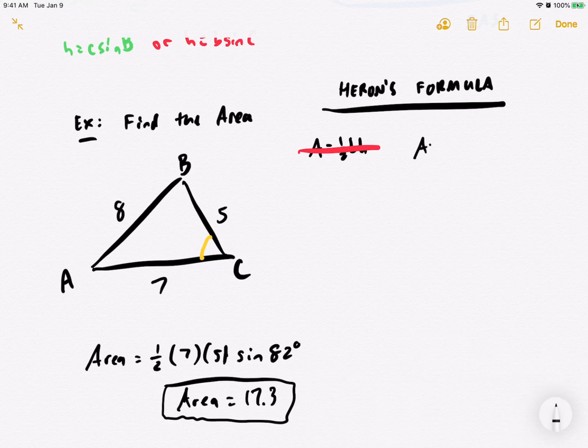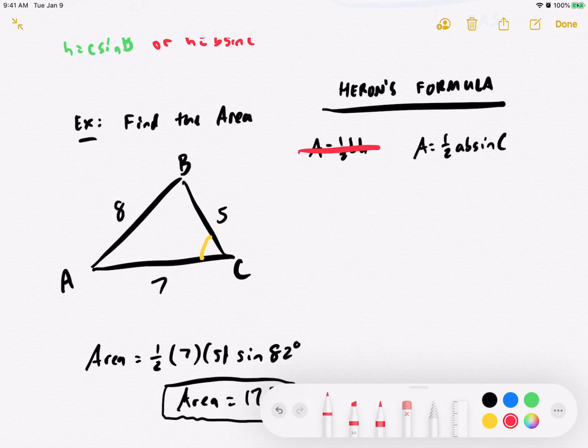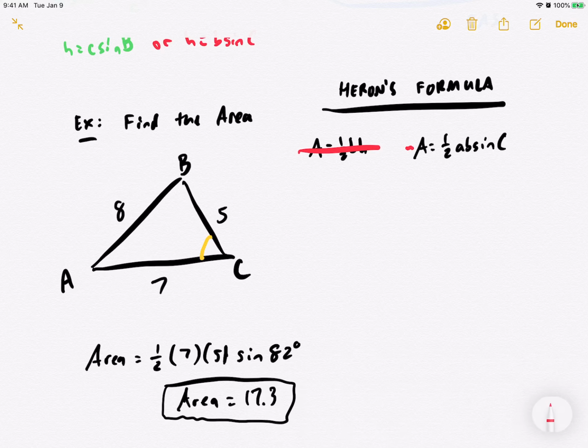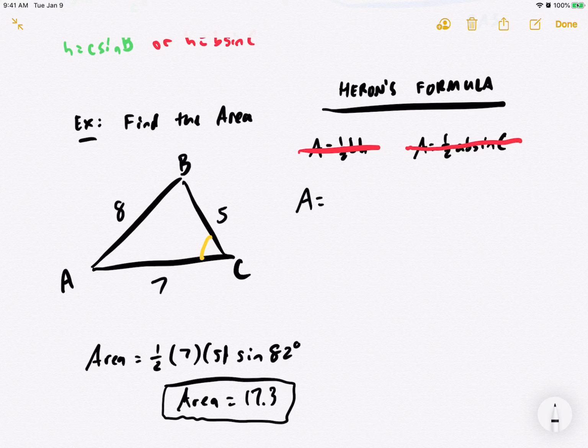And 1/2 ab sine C is kind of new, and maybe you'll like it or maybe you won't, but why do we need to know angles and trigonometry and all that stuff? What Heron came up with was an entirely new formula that takes only the sides of the triangle and punches them in just the right way, and it'll calculate the area.